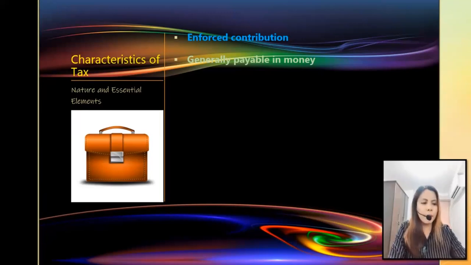Ma'am, why is it that there are instances that the government forfeits? The government forfeits either personal or real property of the taxpayer.